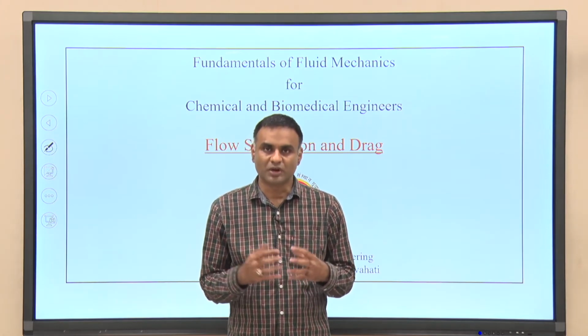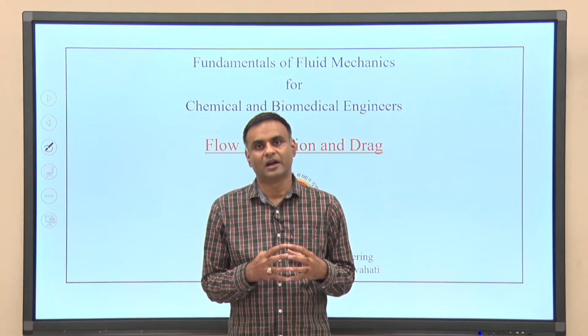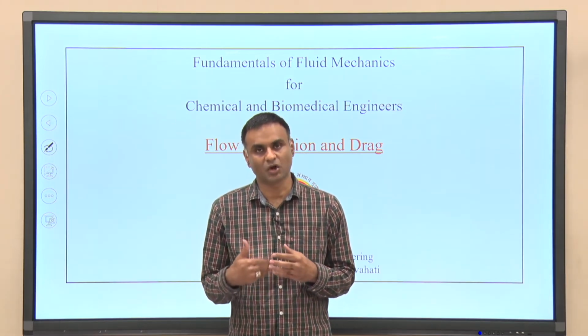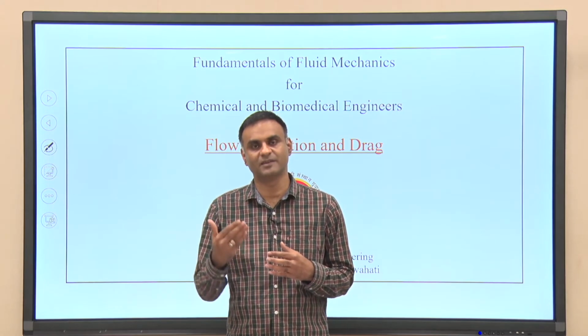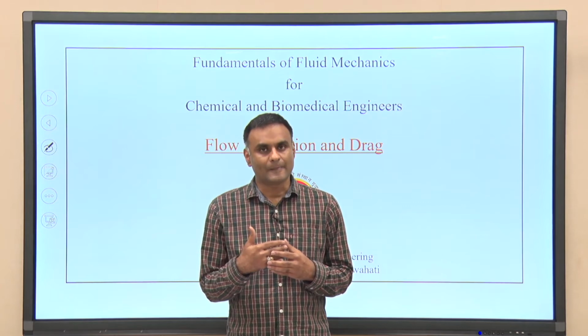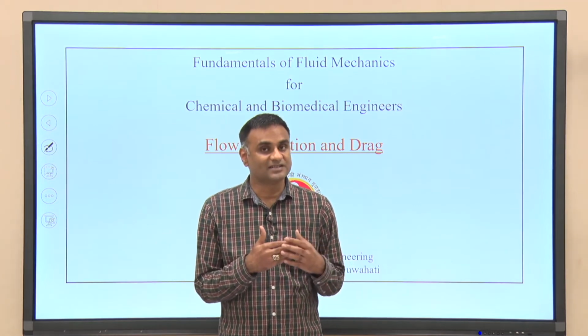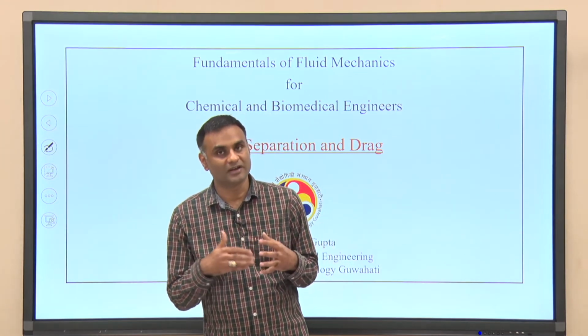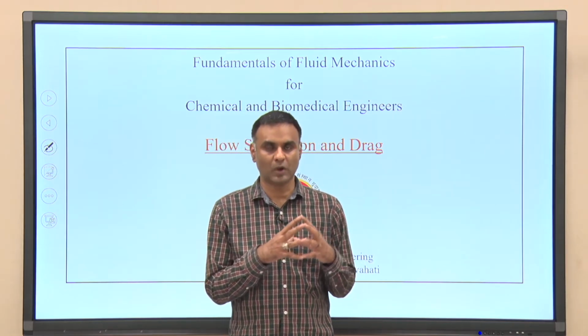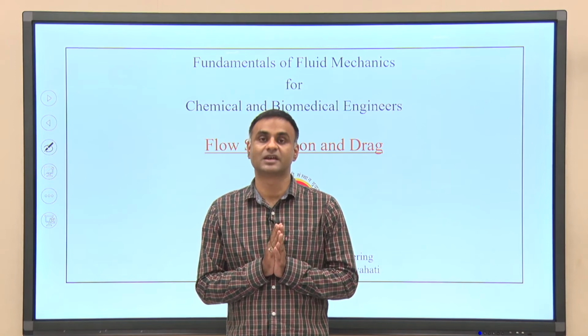So, in today's class we will look at the case when the pressure gradient dP by dx is non-zero. The analysis in such cases becomes very difficult, so we will discuss just qualitatively some of these things.